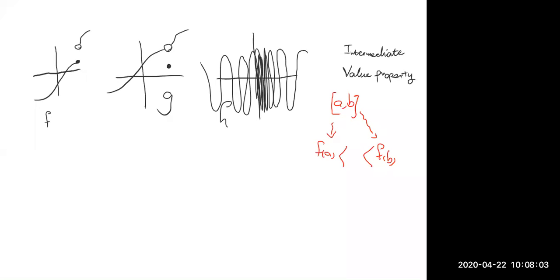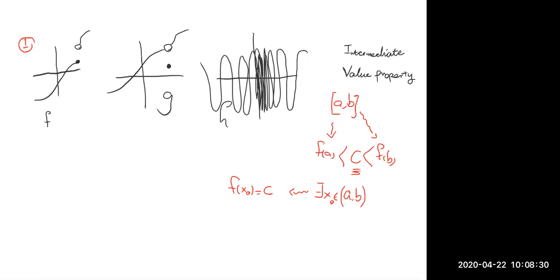For any number c we choose in this interval, the intermediate value property says there exists a point x naught in the interval a to b where f of x naught equals c. Now, of course, here, the first example doesn't have this property, right?